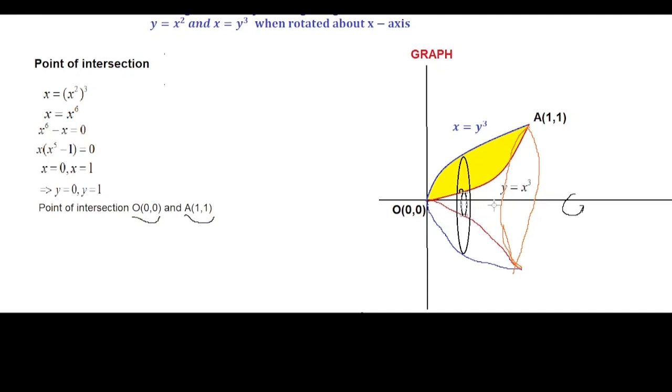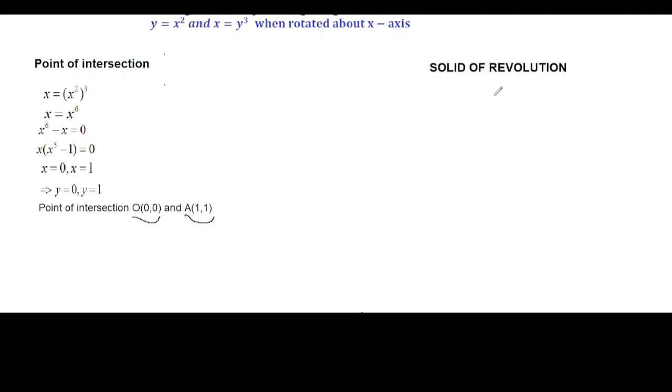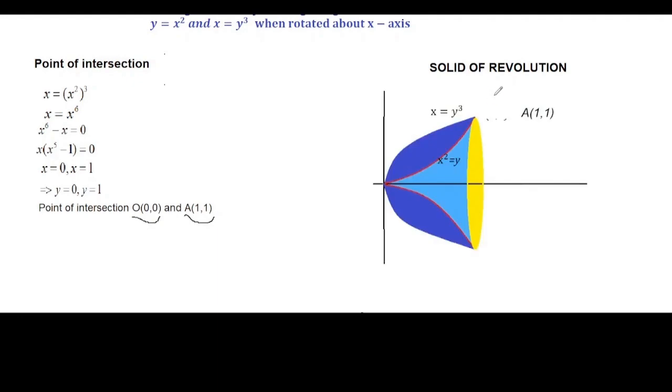So let's take a better picture to understand the situation. Here is the solid of revolution we are going to take, and here is our solid, which is bounded between x equal to y cube and x square is equal to y, rotated about the x-axis. This is the rightmost portion of the solid, the yellow portion.